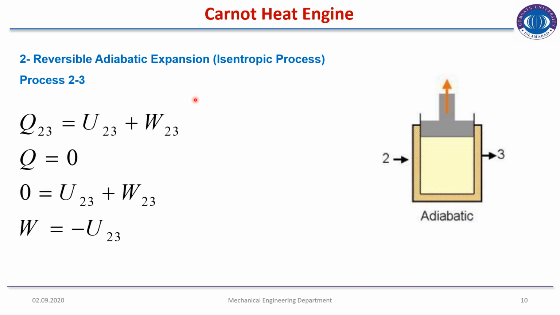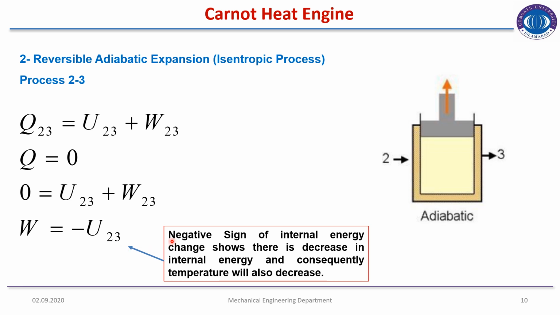So from the first law of thermodynamics, Q23 is equal to U23 plus W23. As the process is adiabatic, Q is equal to 0 and W23 is equal to minus U23.